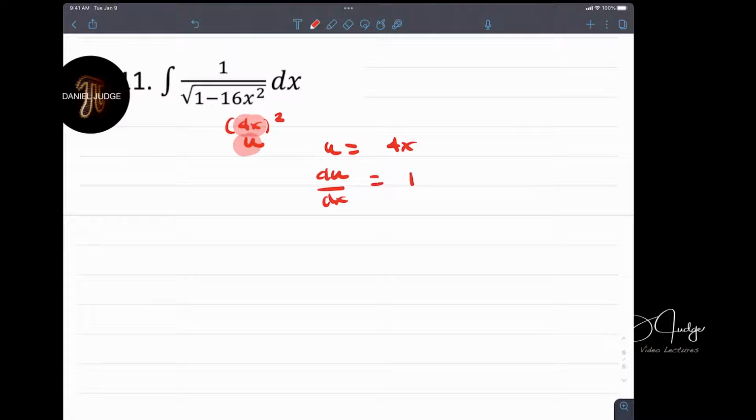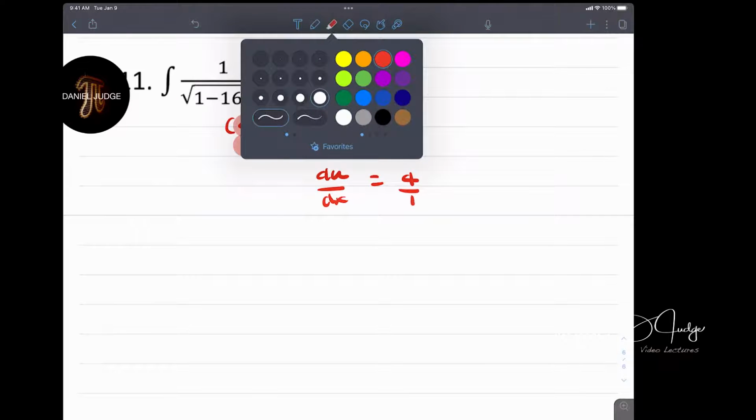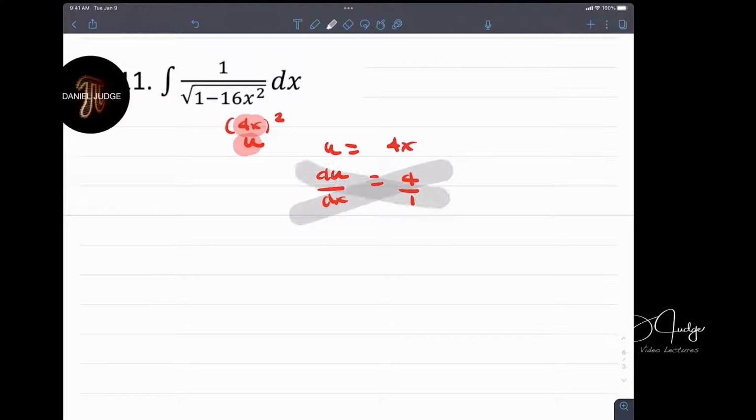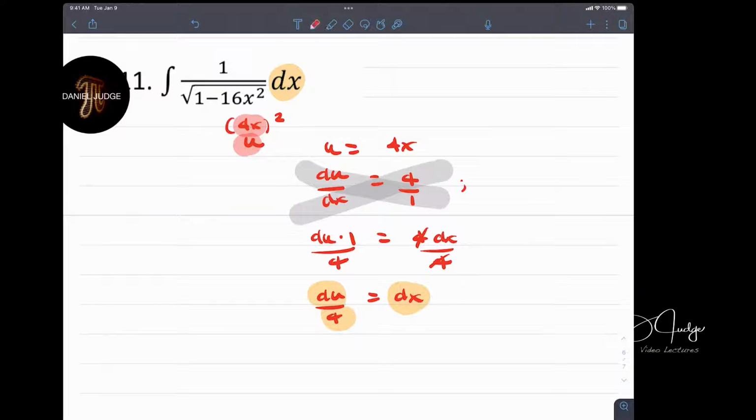That derivative is 4, and it's 4 over 1. Cross multiply, and you end up with du times 1 is 4 dx. Divide both sides by 4. We get du over 4 becomes that dx. So there's dx, it's du over 4.